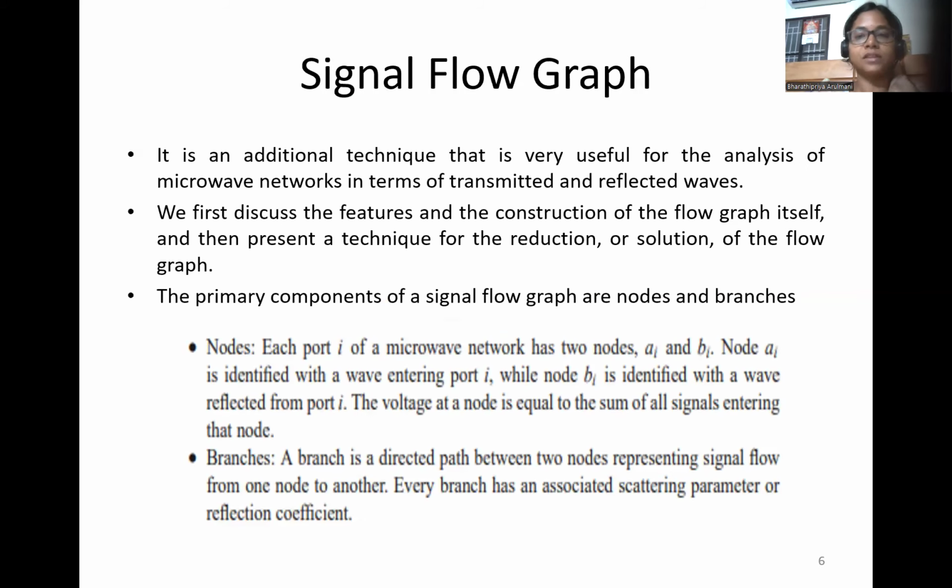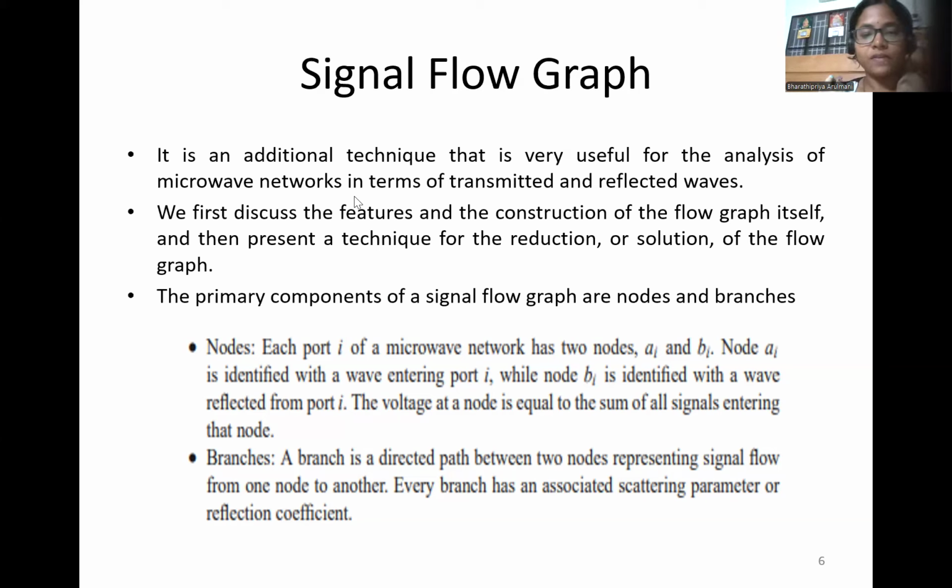So the next topic is the signal flow graph. The radio frequency signals are crucial in modern communication technology. So signal flow graph analysis is a powerful tool to optimize the system.